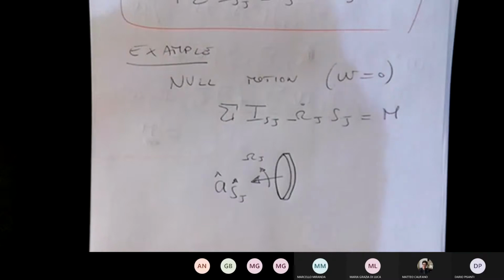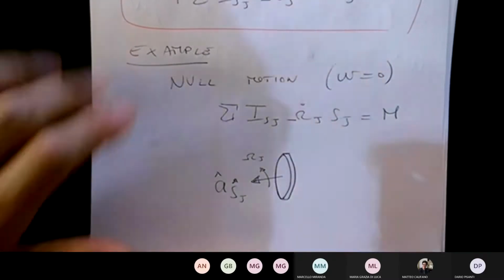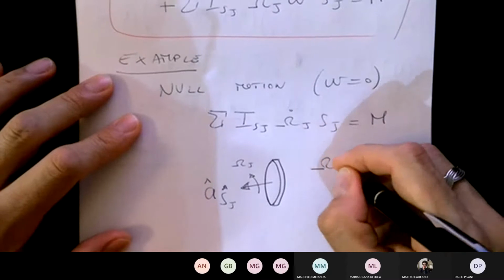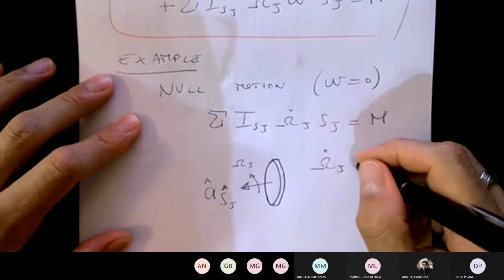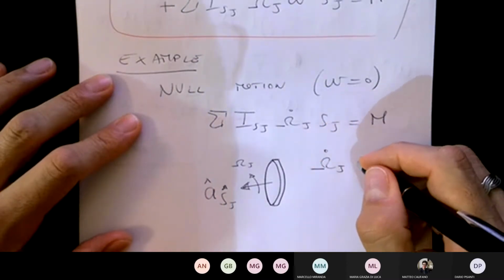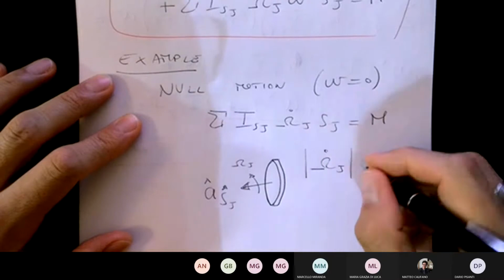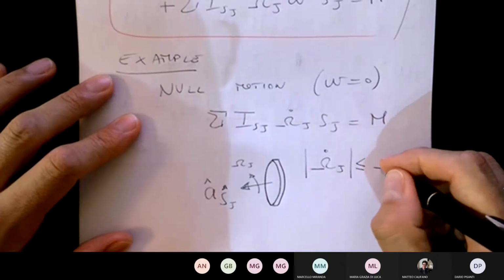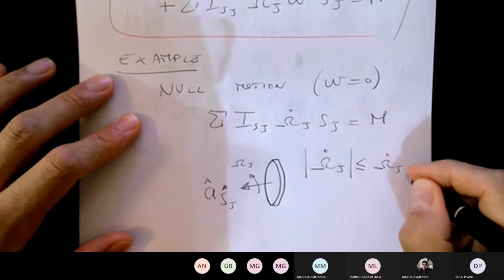They are physical systems, which means that the norm of omega j dot has to be less or equal than some omega j dot max.